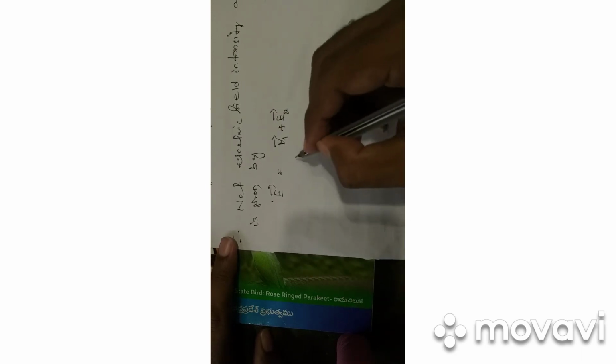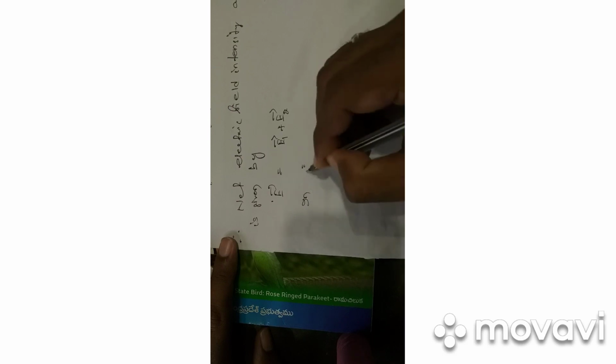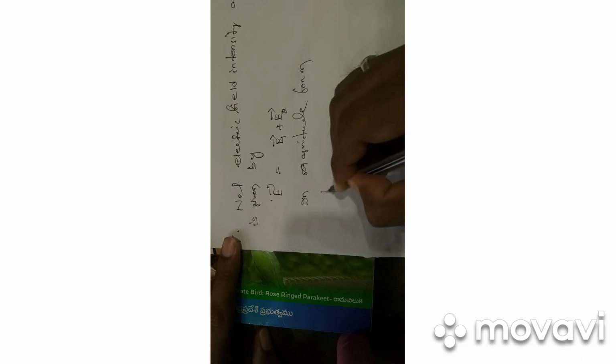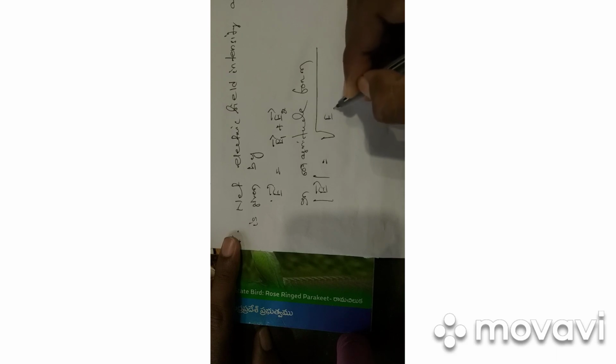Clear? So here write E1 vector plus E2 vector. So in that case, in magnitude form, E vector mod equal to square root of E axial mod square plus E equatorial mod square.